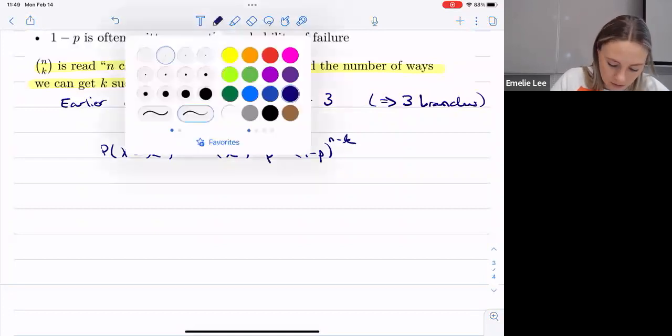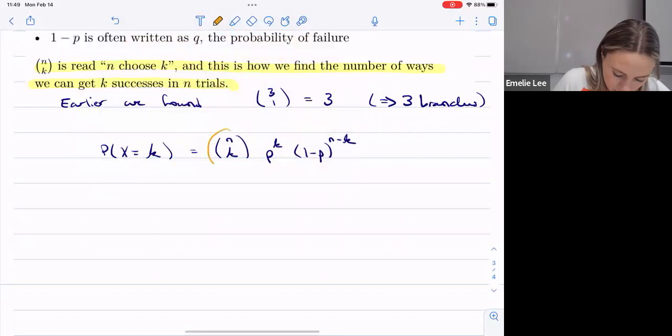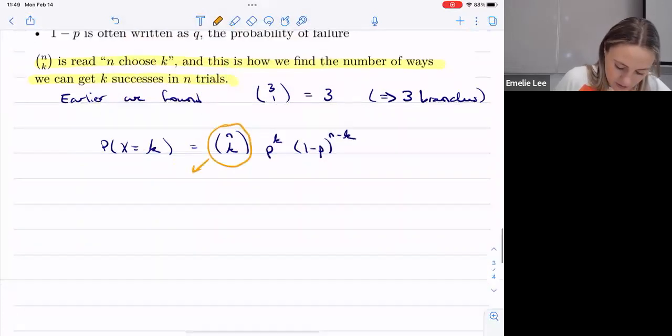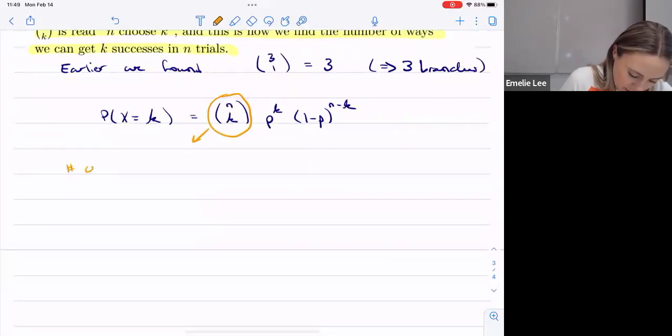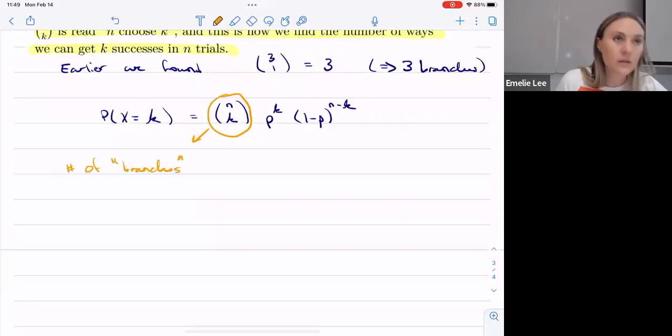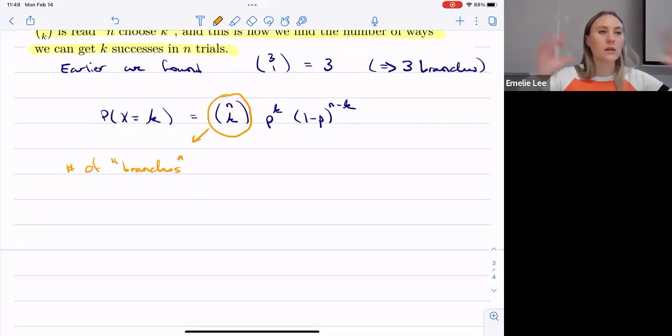Okay. So this choose function is the number of branches, just to go back to the tree diagram, so you can start to visualize it a little bit.